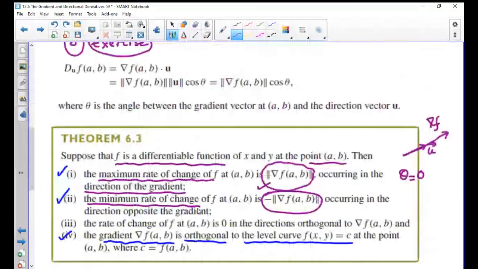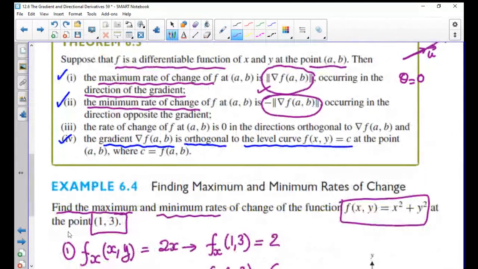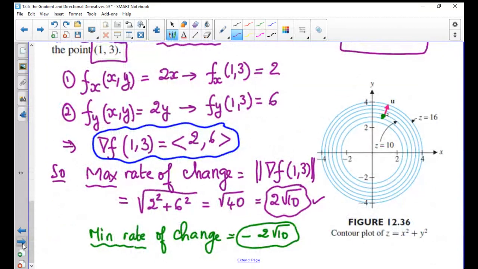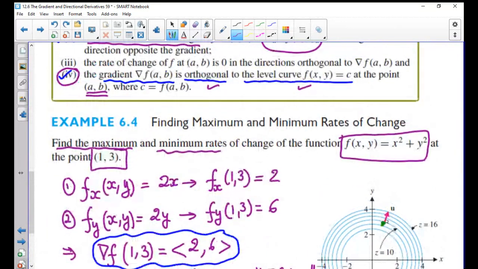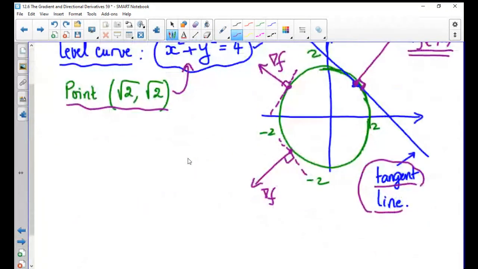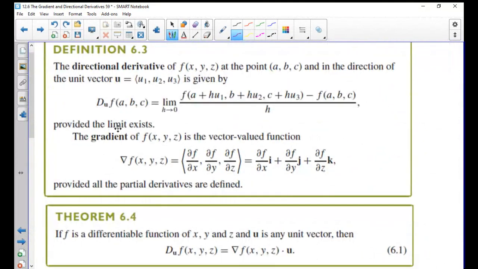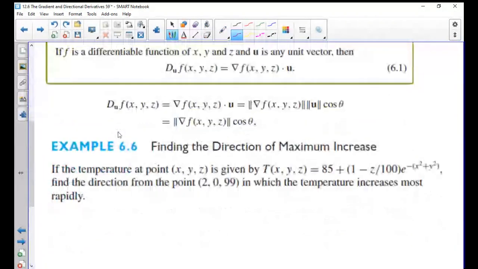Part 4 says that the gradient is orthogonal to the level curve at the point (a, b). It makes an angle of 90 degrees. So that is what number 4 is telling us. That gives us an idea about the gradient. It's basically a vector orthogonal to the surface.